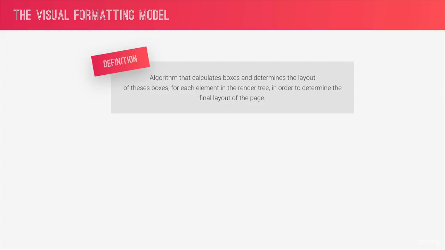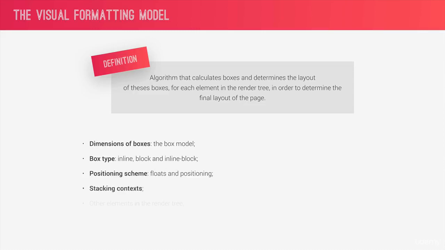Now, in order to do this, the algorithm takes into account factors like dimensions of the boxes, which are calculated by the box model, the box type, which can be inline, block, or inline block, the positioning scheme, which includes concepts like floats and absolute or relative positioning, stacking context, the other elements that are present in the render tree, such as siblings or parents, and finally, external information such as a current viewport size, dimensions of images, or other factors.